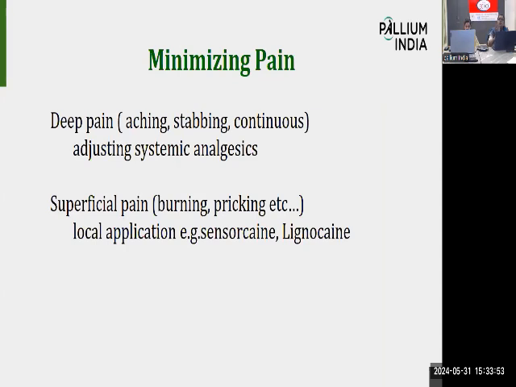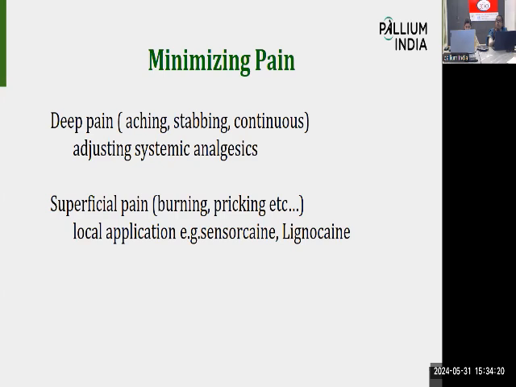And again, superficial pain. If the patient is having nociceptive pain and neuropathic pain, there might also be a superficial pain when we try to open the wound. Maybe when we touch the wound, the patient will tell us, I am having a burning or pricking type of pain. That may be because of superficial pain, maybe because of nerve injury. At that time systemic analgesics may not help.